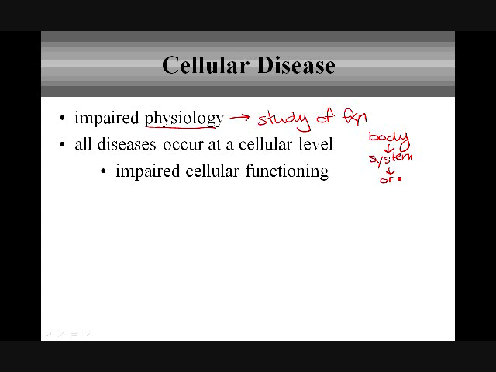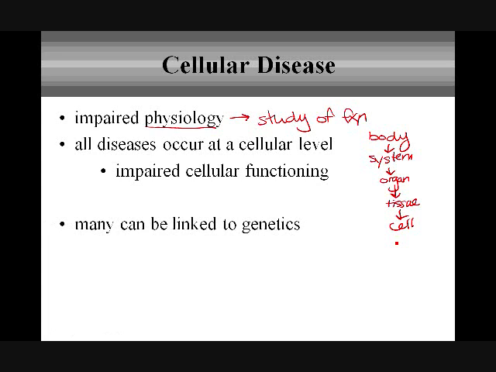And from there, it can be broken down into perhaps one particular organ or maybe multiple organs. It can be broken down into specific tissue types and ultimately into specific cells. Sometimes it can even be broken down to the extent of what particular molecules or macromolecules within the cell are malfunctioning.